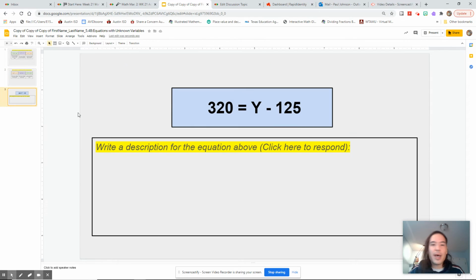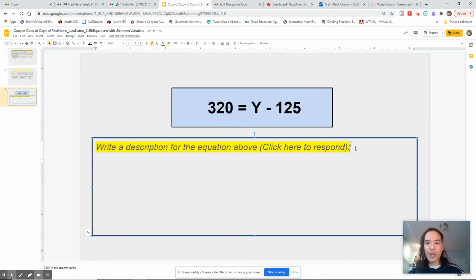All right, let's try the next one. The next one is actually writing a word problem. So you have to think about this. Let's organize our data. You don't have to do this on yours, but I think it's a good idea to help you if you're having trouble deciding what to do. So there's a total of 320, and then we have a number minus 125.